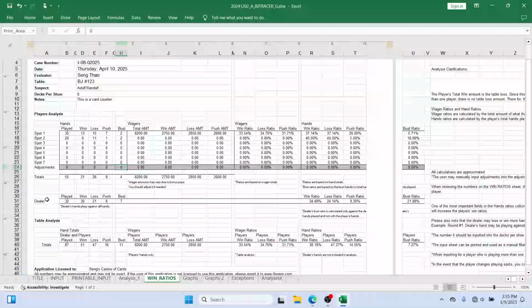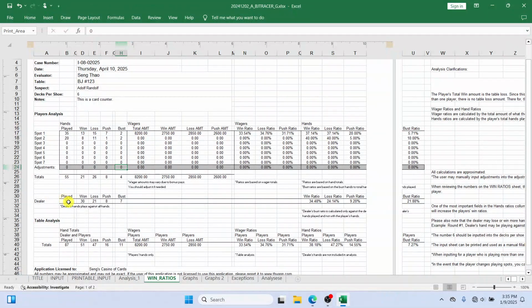You can see here the dealer played 32 hands, won 30, lost 21, pushed 8, busted 7. One example I can explain to you is where we had a player that was winning, and that player wasn't card counting, but table games wanted to know why this player was winning.